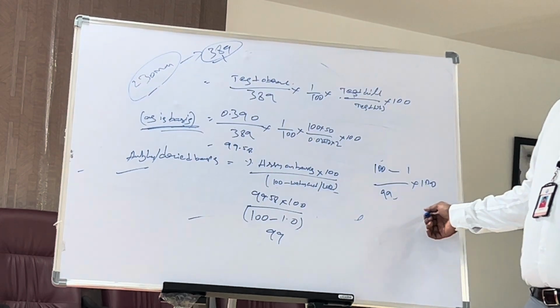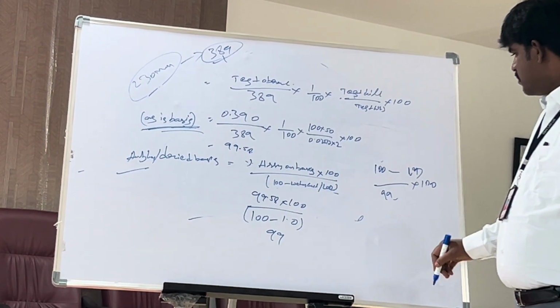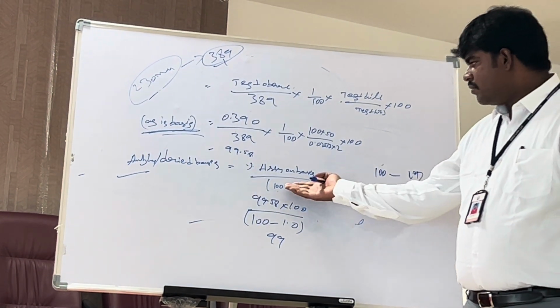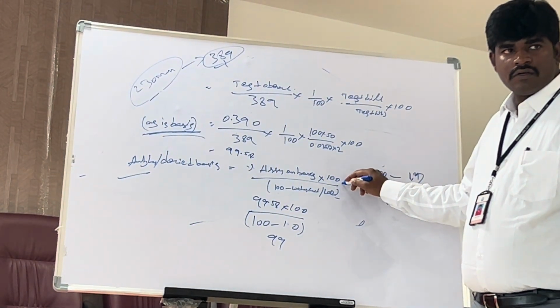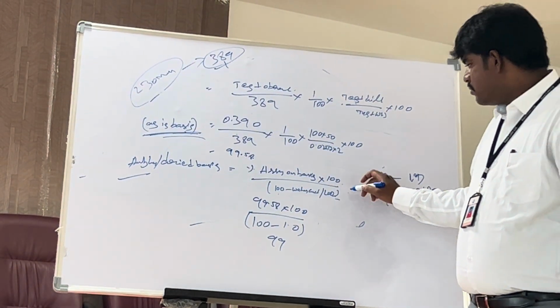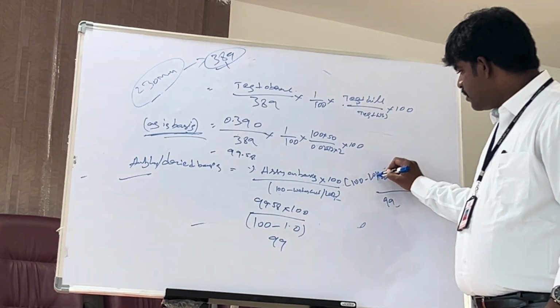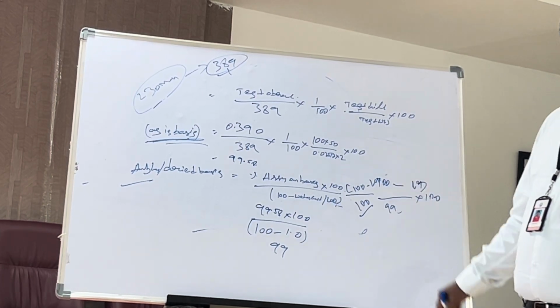Yes? This is what you are saying. SA value into 100 minus LOD divided by 100. Or 100 minus LOD divided by directly 100. Simpler.